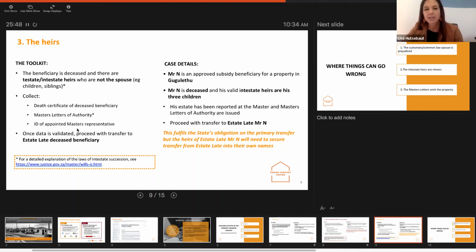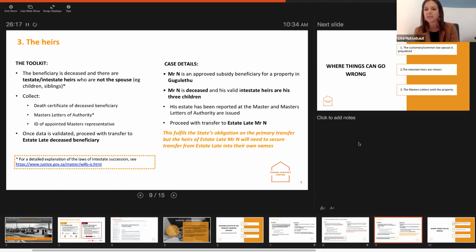So the process that would need to be followed here, and sorry, just as some background again as to why we put the process together this way, is that the thinking is again, had the state been able to transfer timeously to this beneficiary, the beneficiary would have had a title deed in his name. And when he then passed away, well, then of course his children are the intestate heirs, and they would have been able to secure title to themselves by virtue of the fact that he owned a property.